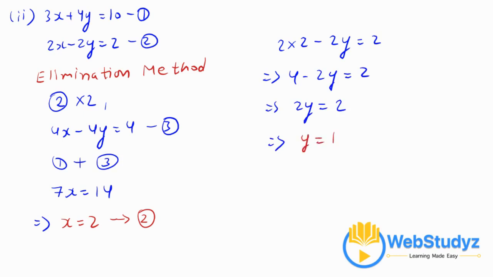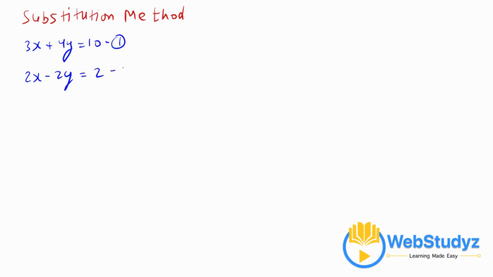Now we perform the same using the substitution method. So again we have the first equation as 3x plus 4y equals to 10, and we have the second equation as 2x minus 2y equals to 2.